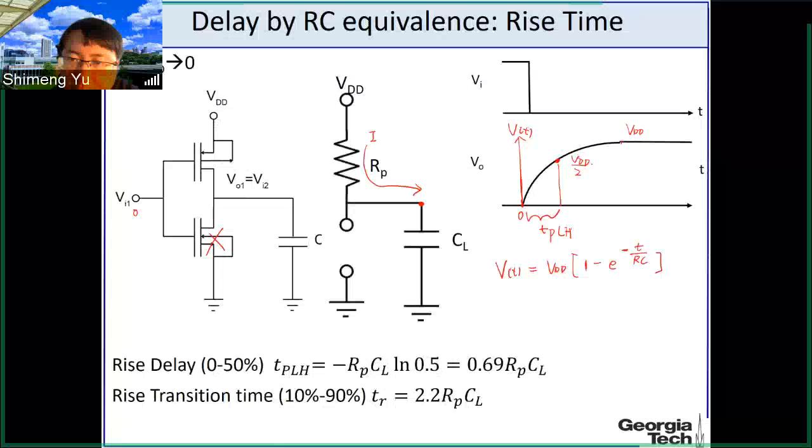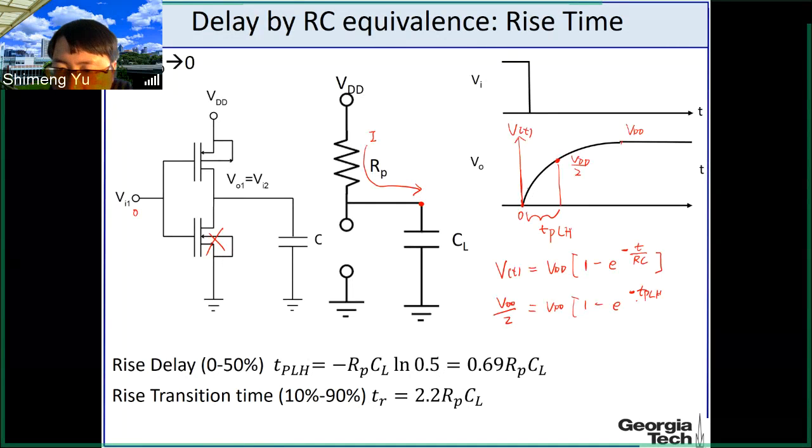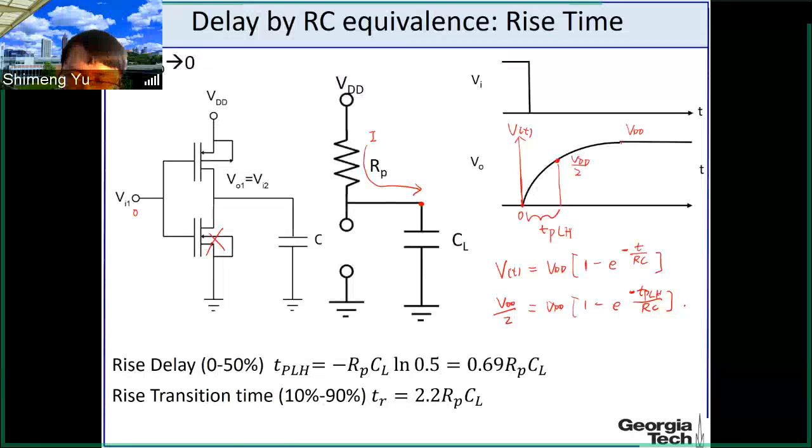Here we just need to solve for this TPLH, that is when the voltage becomes half VDD. TPLH by definition is when this voltage becomes half VDD. So we just solve for this TPLH. You have TPLH divided by RC.